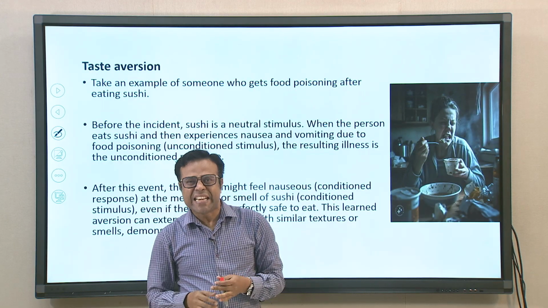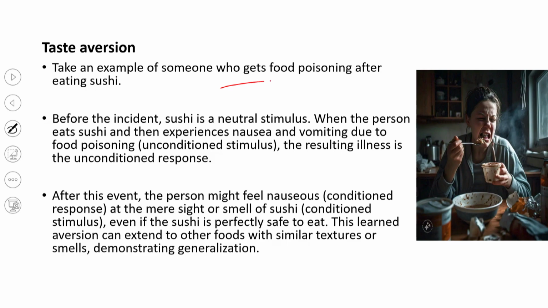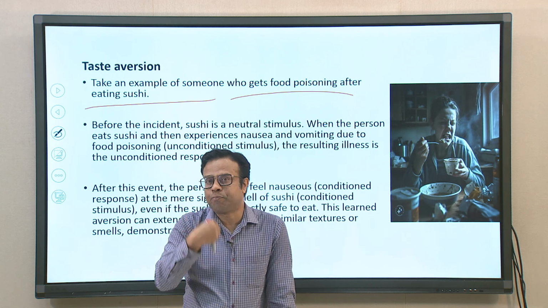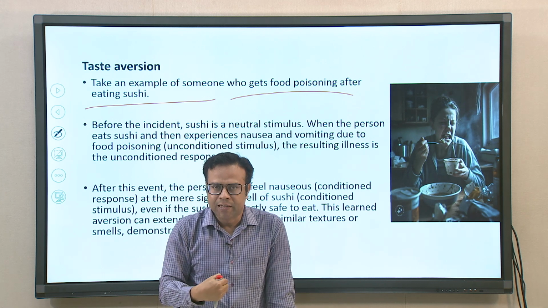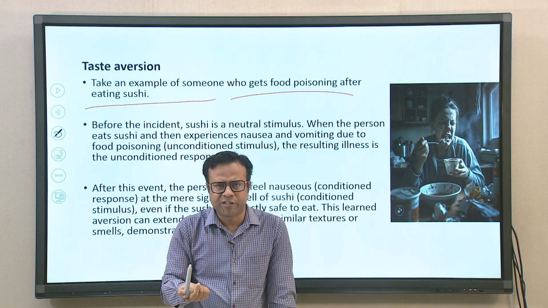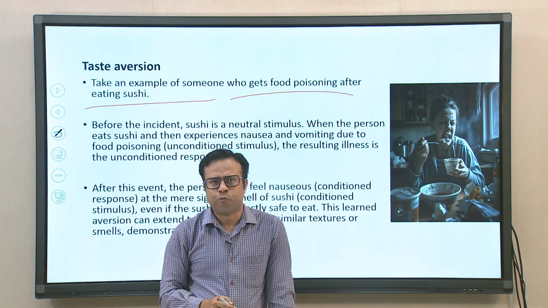Another example is called taste aversion. Someone gets food poisoning after eating something, let us say any kind of food, it could be Maggi, sushi, whatever it is. Let us say someone likes sushi or Maggi, any kind of food, and they generally like that food. So, the food was not a problem at all, but let us say after eating that food on one particular day, they got poisoning because of some other reasons, maybe not because of the food itself, maybe the way it was served.